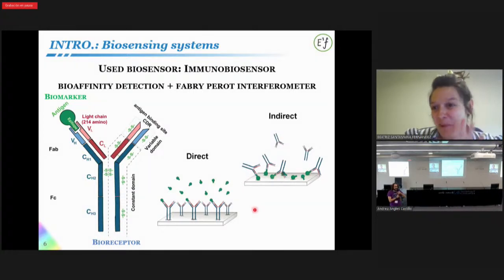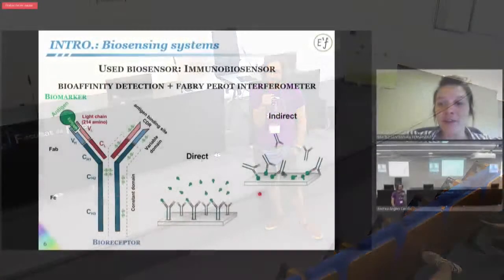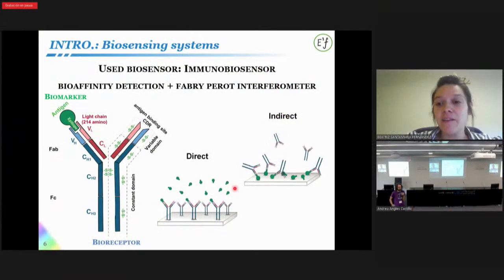Okay, so it's more curious. And the device you were talking about that your group designed can use both direct and indirect methods? Yes, it is very versatile. I don't know if this is the word, but this is one of the advantages of the device, that it is not only for this kind of interaction.